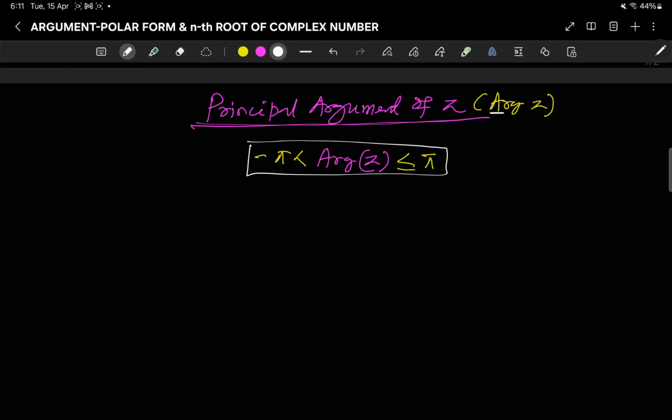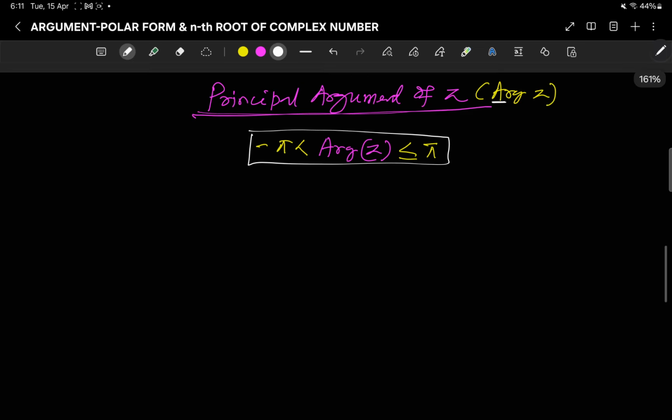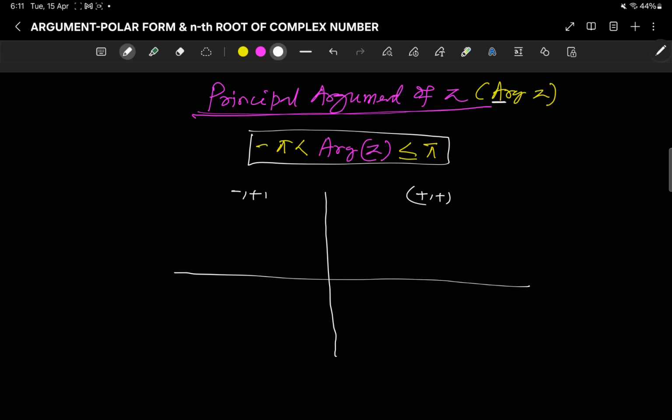To view this principal argument, we have to consider the complex number in any of the quadrants. So it may be plus, minus in one, minus, minus in another, and plus, minus in another. It may be in any quadrant.